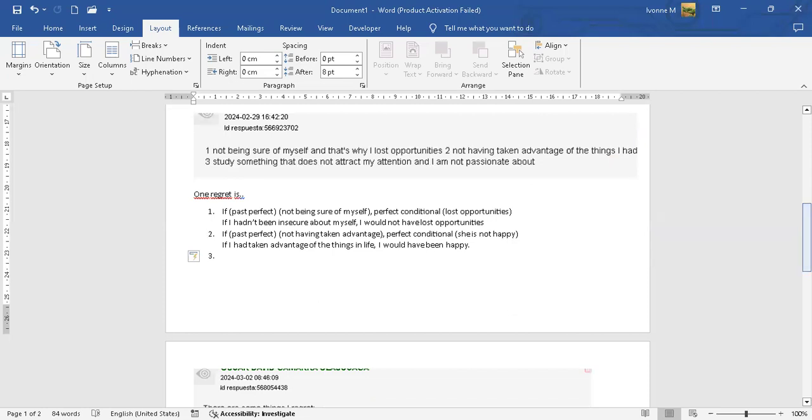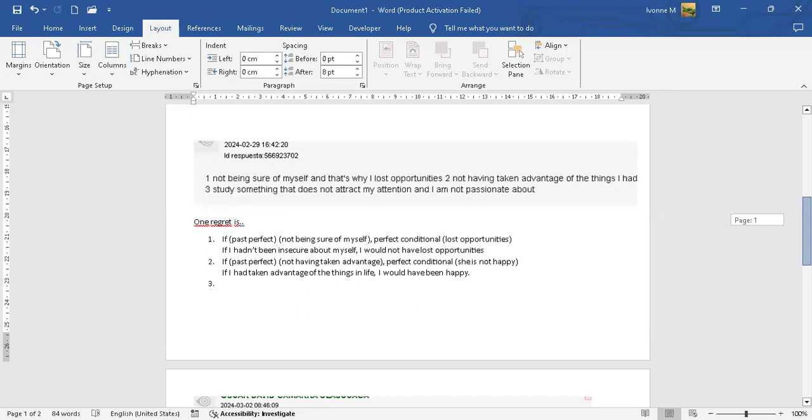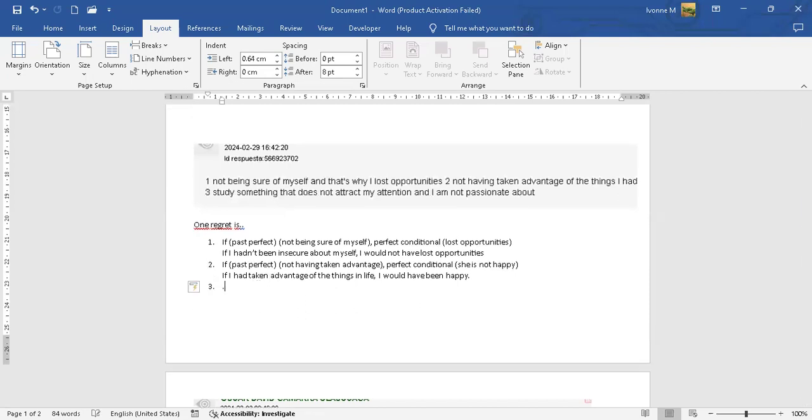But in this case, as we are humans, we humans, you humans, not me in this case, humans have lots of regrets all the time. They are always regretting something about the past. So that's why we have this subject to teach, in this case the third conditional, the imaginary situation. So let it pass because this is incomplete and we are not going to do the whole task for this girl.